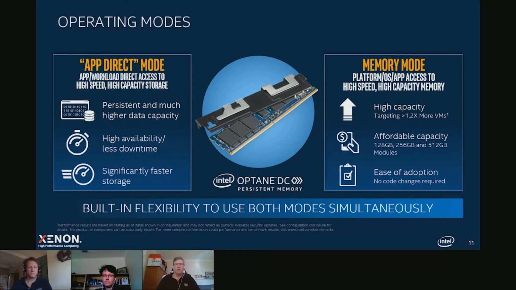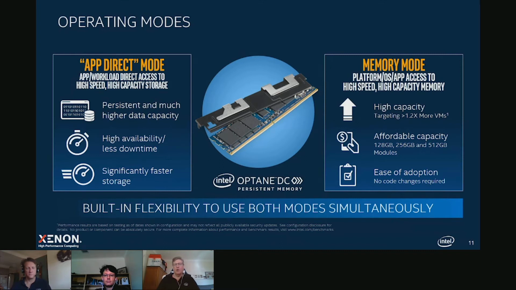So in a two-socket system, for example, you can install up to 6 terabytes of this persistent memory, and then you can have workloads that use that full 6 terabytes. It also comes in 128, 256, and 512 gig modules. So that would give you 1.5 terabyte, 3 terabyte, or 6 terabyte two-socket systems.